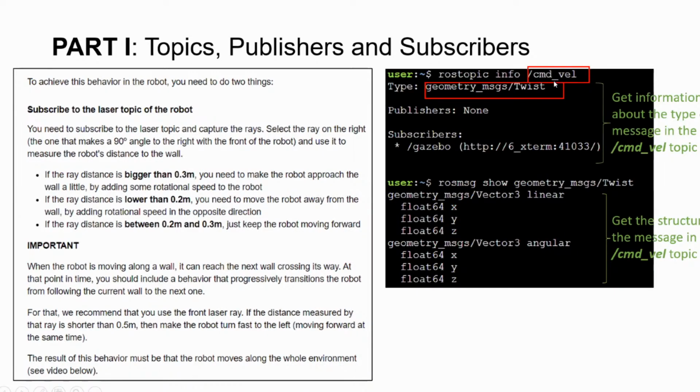This cmd_vel topic we'll be using to command the motion of the robot. For example, if we write a set point, for example, 1 in the x component of the linear, the robot will be moving in that direction.